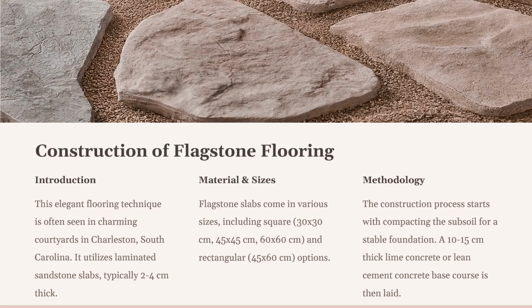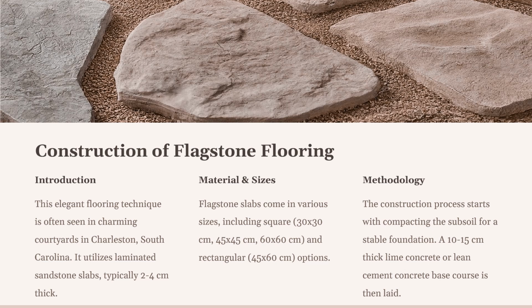Imagine you are stepping into a charming courtyard in Charleston, where the timeless beauty of flagstone flooring unfolds before you. Flagstone is a laminated sandstone available in 2 cm to 4 cm thickness in the form of sandstone slabs of square 30 cm by 30 cm, 45 cm by 45 cm or even 60 cm by 60 cm, or rectangular size of 45 cm by 60 cm.